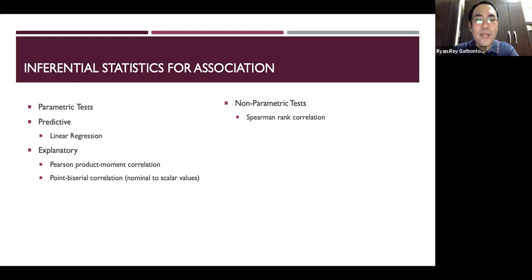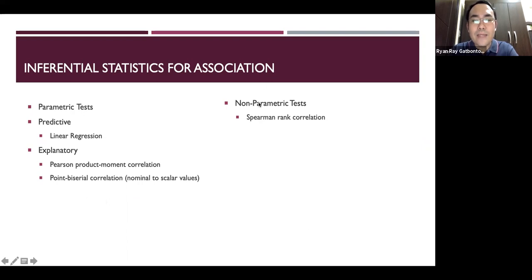Now, if you just want to explain or describe the correlation, you can use the Pearson product moment correlation if your values are scalar values, meaning they are at the interval or ratio level of measurement. If you're correlating two variables and one is at the nominal level and the other is a scalar value, we use the point biserial correlation.